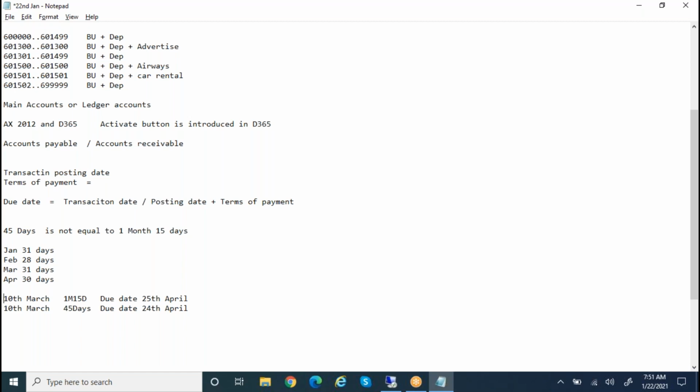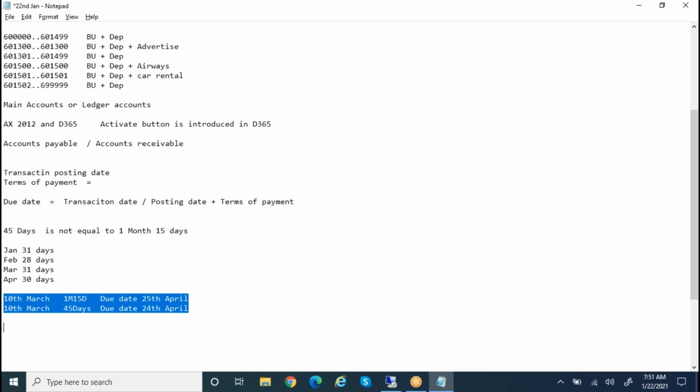Understood this one? Any doubt here? A very sensitive piece of information. Of course, it is not required now. Later on in future, you are going to understand this. It is 45 days. 45 days means it is 24th of April. It is 10th of March. 1 month 15 days means it is 25th of April.